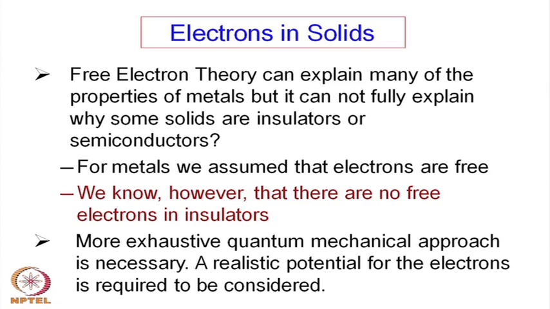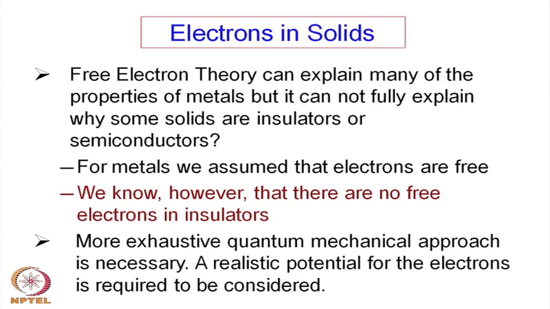So, free electron theory from that point of view cannot explain the temperature dependence of the resistivity of insulators or semiconductors. For metals we assume that the electrons are free. However, there is a question mark. We still do not know how free they are in different solids.